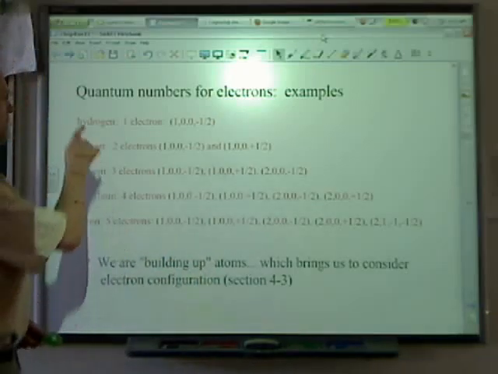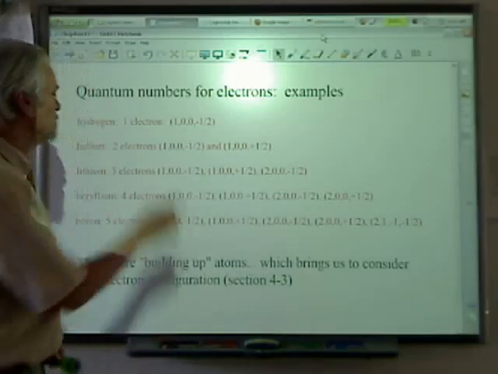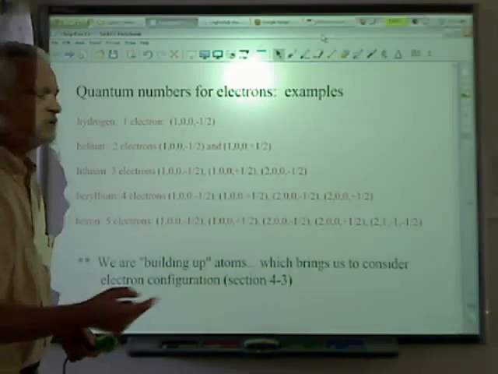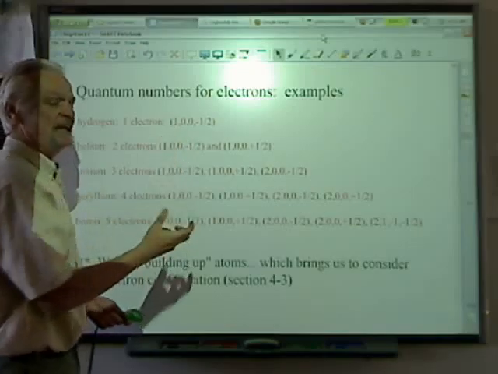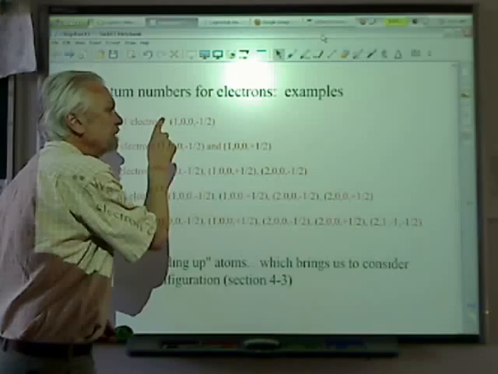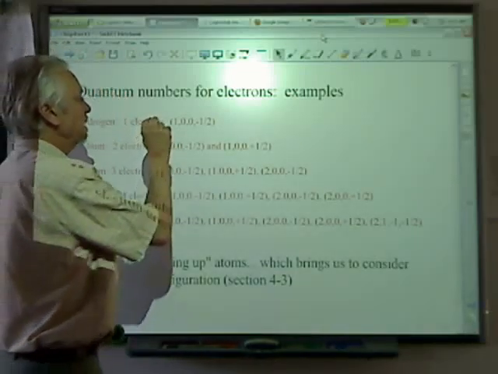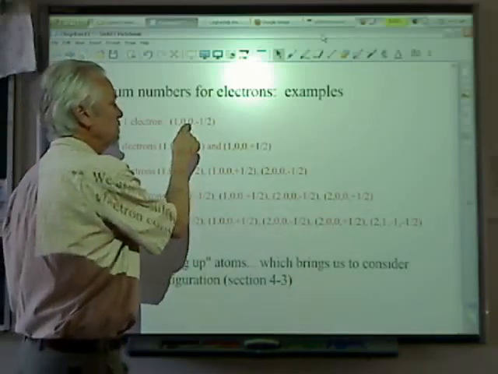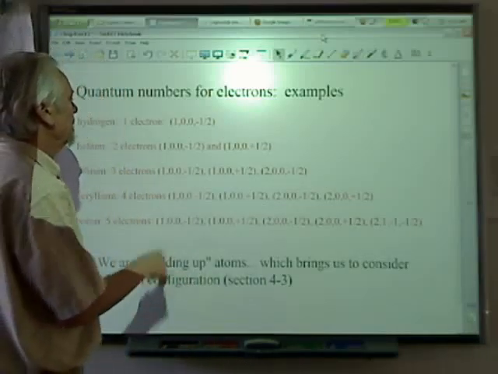Obviously here, if we start with hydrogen, the simplest atom, one proton, no neutrons, one electron, that electron then occupies the lowest energy level, level 1, principal quantum number, and an s orbital, spherically shaped. Remember that if our angular momentum quantum number is equal to 0, then our magnetic quantum number is also equal to 0 because it can't take on any different orientations.